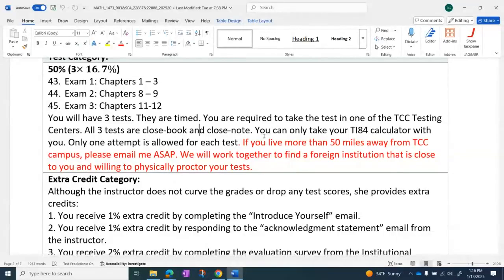But again, you can't take your exam at home or request a software proctoring. Again, we do not offer that. Okay, this class does not do that. You have to go to a testing center and the staff there physically proctor your exams.